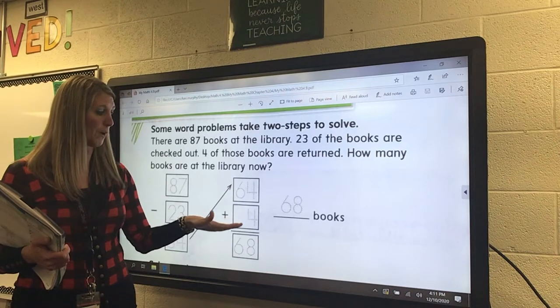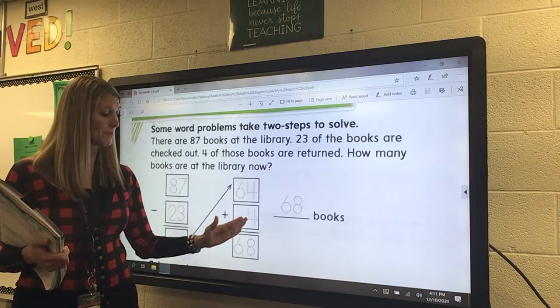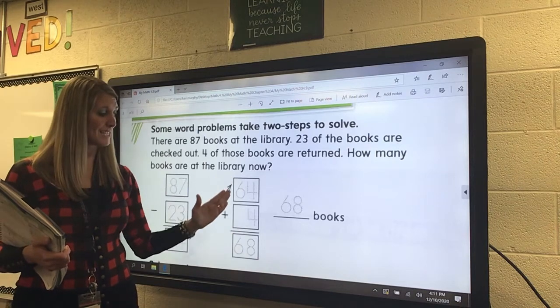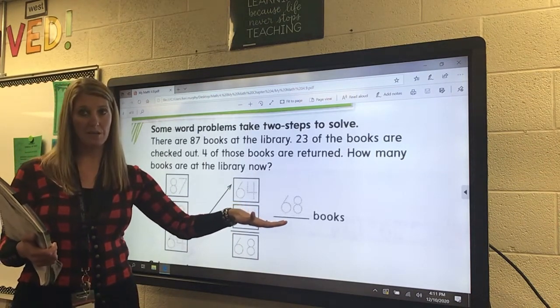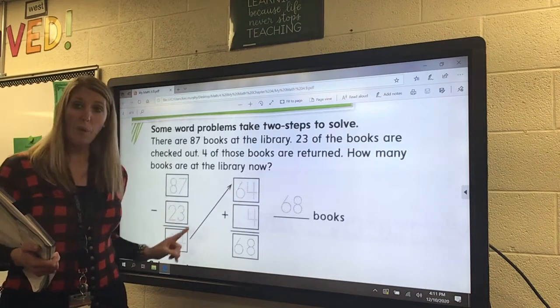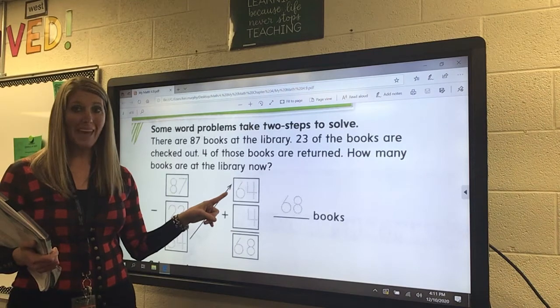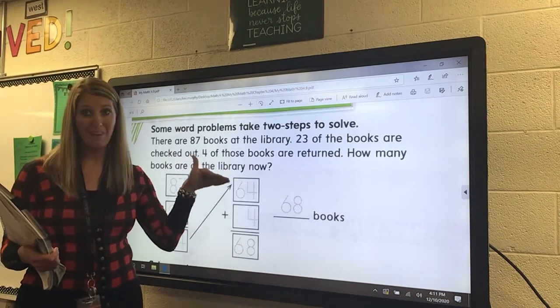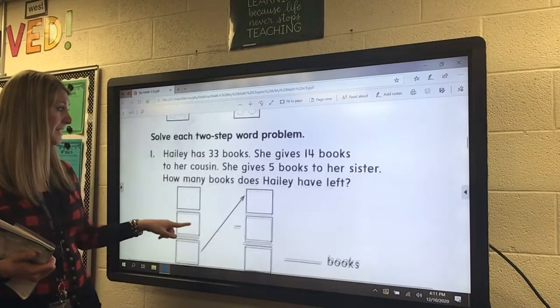So I'm going to put 64 plus 4 and add going down. 4 plus 4 is 8. 6 plus 0 would be 6. So in the library now, there are 68 books. So what we'll practice today is our answer down here is going to have to go up to the top up here. Okay? All right, let's practice this.